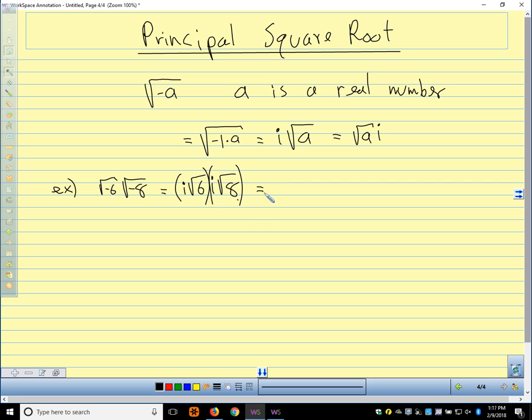And i squared is negative 1. So that's going to be negative square root of 6 times the square root of 8, which is negative square root of 48. And how do we simplify 48? 48 is 16 times 3. So negative 4 square root 3.